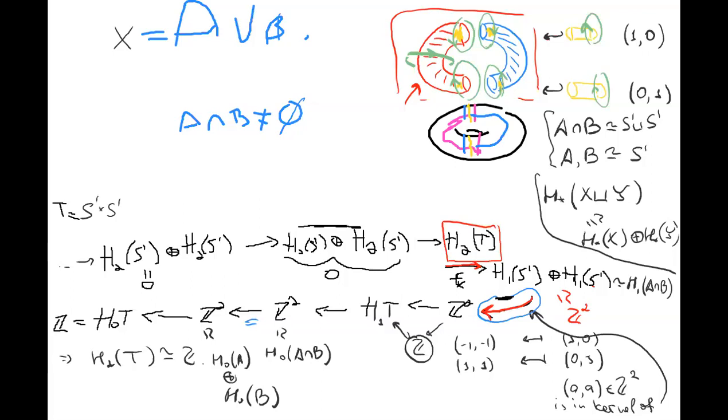So in this case, it doesn't matter, but the answer is that both 0, 1 and 1, 0 map to 1, 1 in this case.